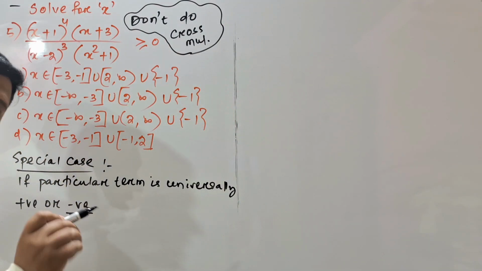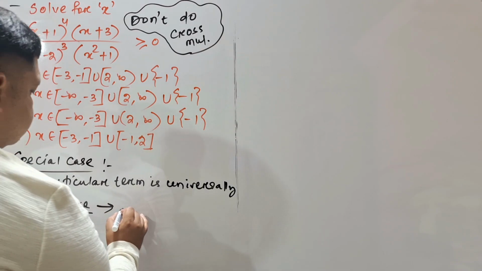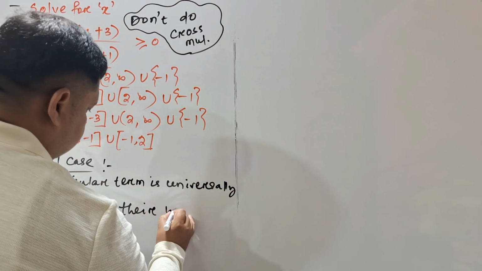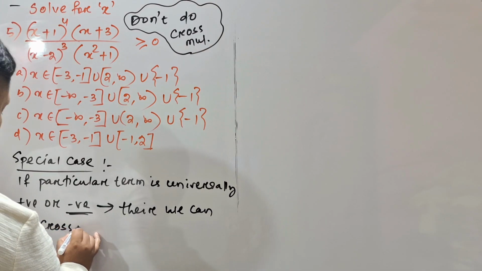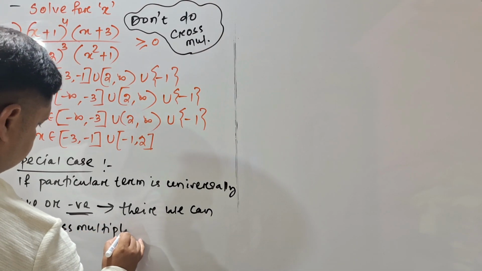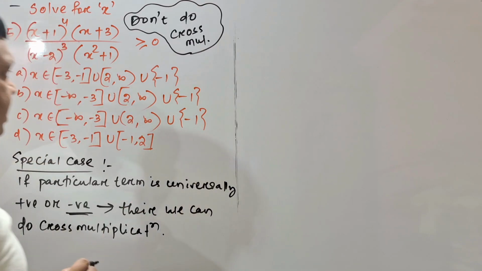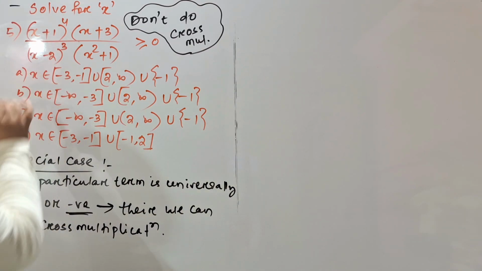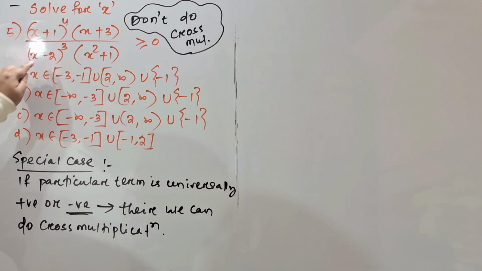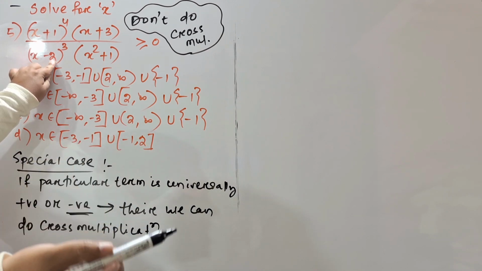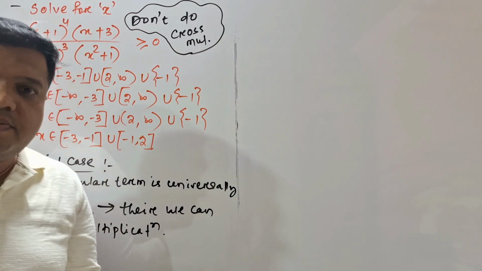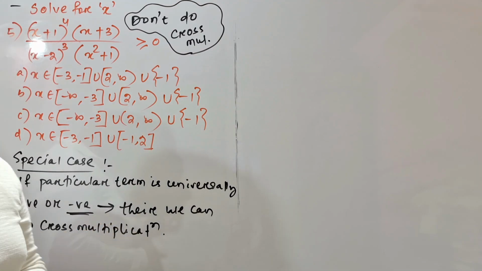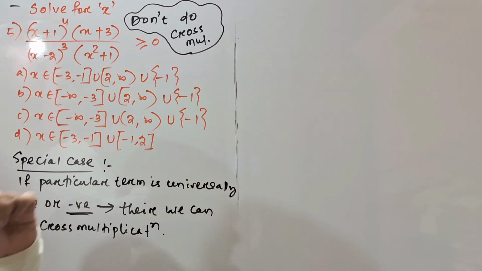Or universally negative, there we can do cross multiplication. Otherwise cross multiplication not allowed. And if you observe, if I write 1 here, so 1 minus 2, that is minus 1 the cube, that is minus 1. If I write 3 here, 3 minus 2, this is 1, 1 the cube is 1. That means for few values of x it is positive, for few values of x it is negative.